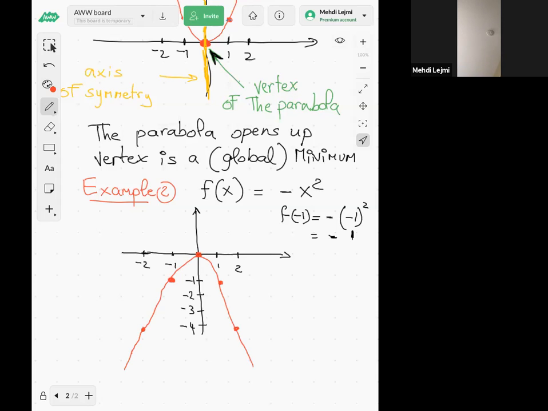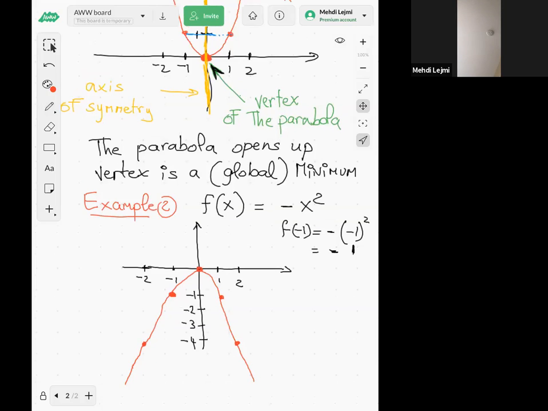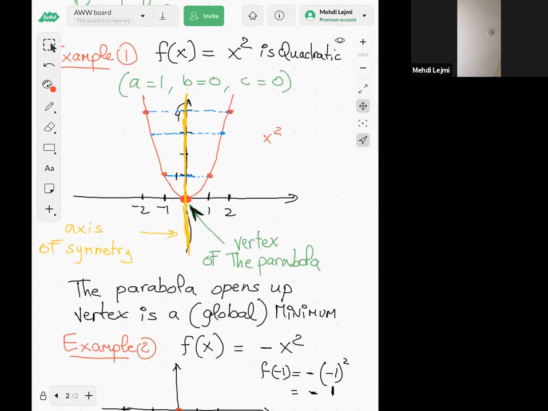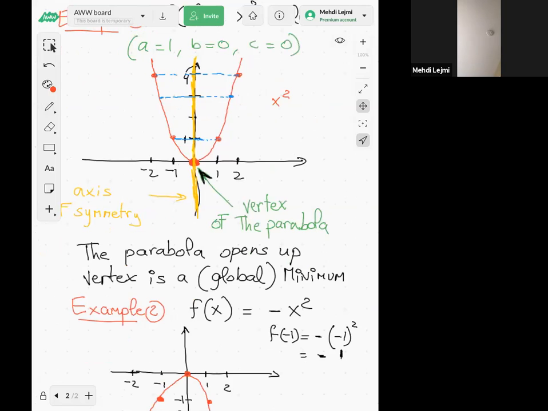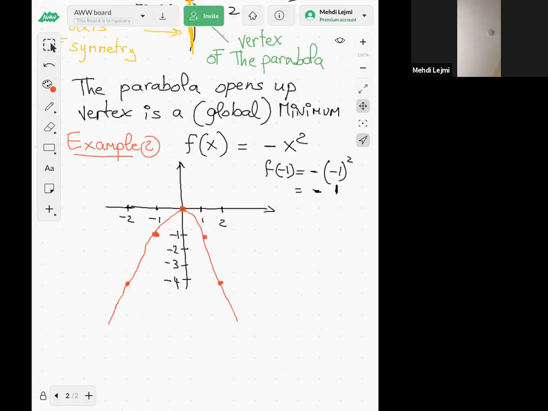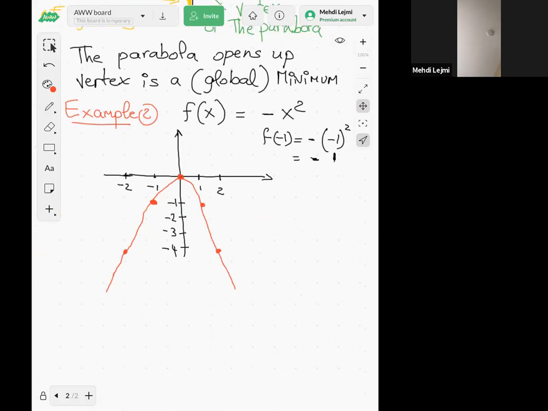So again, it's a parabola. But you can see here, what would be the difference between this parabola and the previous one? For positive x squared, it opens up. Now for negative x squared, it opens down. So the parabola here opens down.